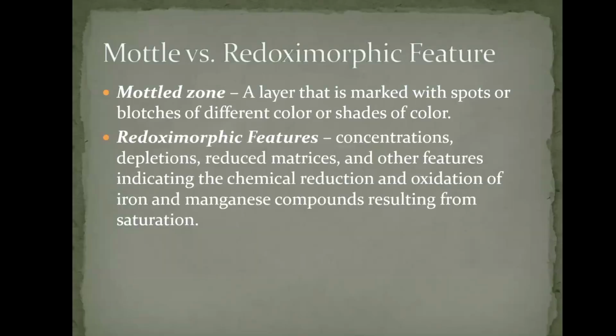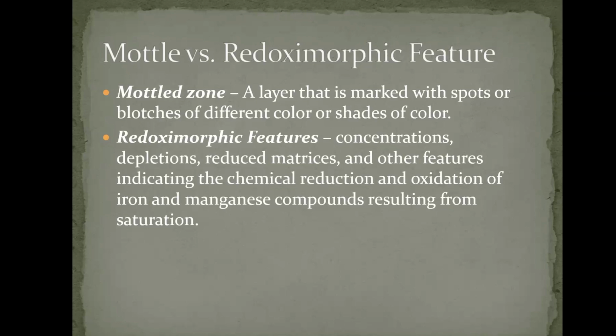So I know the word mottle came up there, and that's a good one because there is a difference between a mottle and a redoxymorphic feature. The important thing here is that a mottle, or a mottled zone, is a layer that's marked with spots or blotches of different color or shades of color. So it's just a color difference.